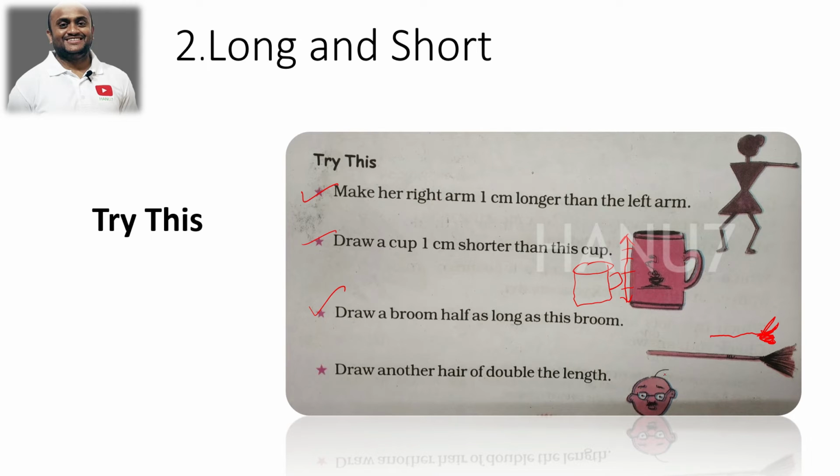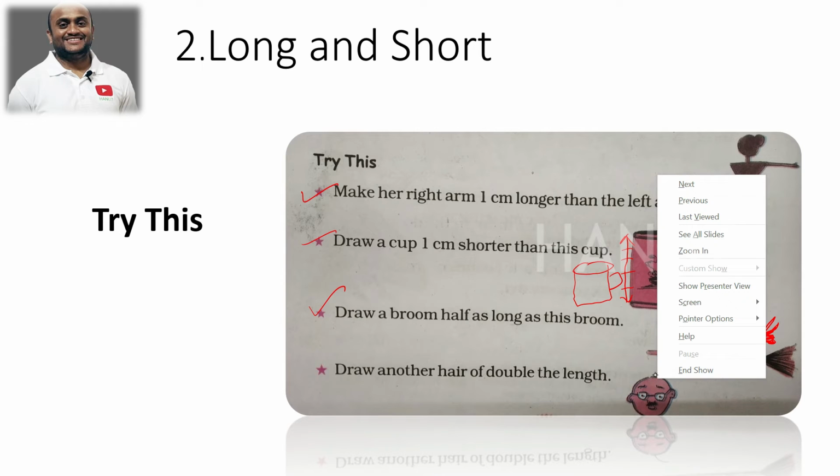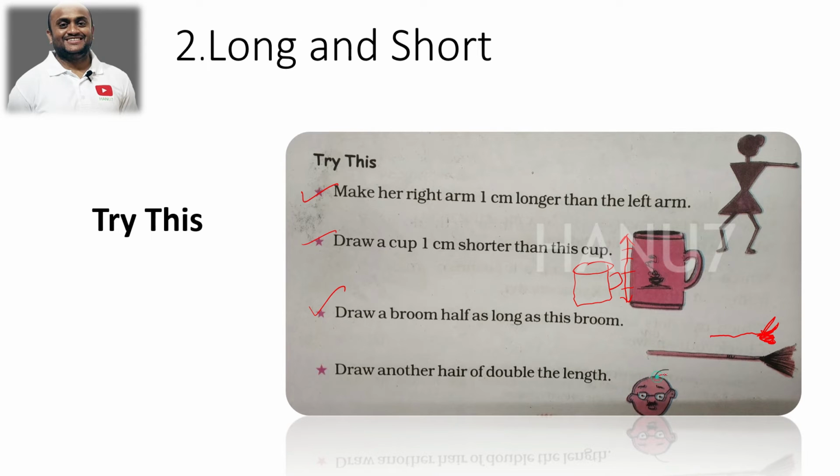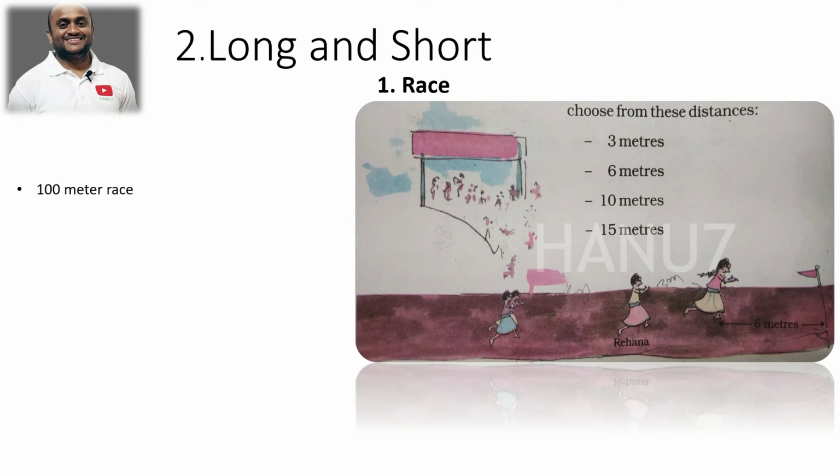He is having only one hair here, so you can choose this as double. Like that you can complete this task of trying all these activities.